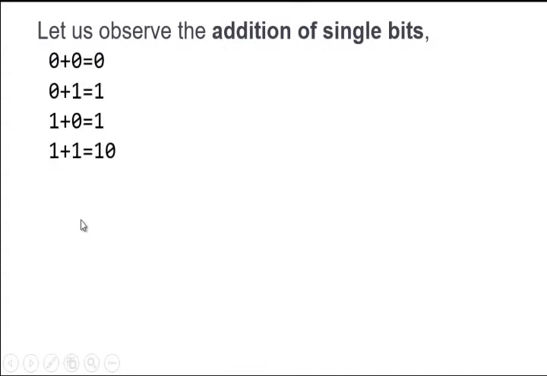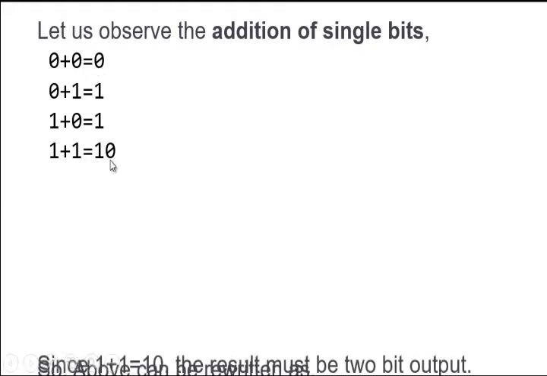Now let's take single-bit inputs. There are four combinations of two single-bit inputs: 0 0, 0 1, 1 0 or 1 1. Taking the addition, we get the output as per the algebraic laws of addition: 0, 1, 1 and 10.